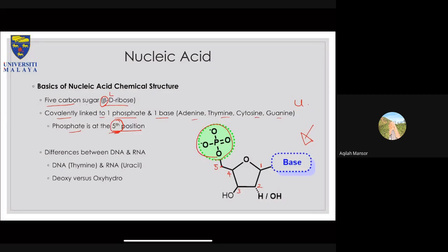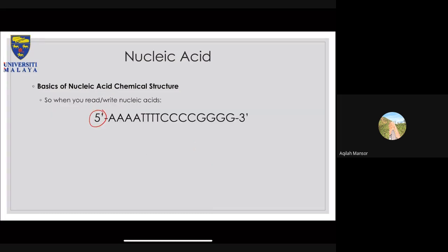phosphate is. Okay, so differences between DNA and RNA are thymine and uracil, as I mentioned, and deoxy versus oxy at the 2 position. So this is why you need to remember what is 5, what is 3. So 5' end and 3' end.